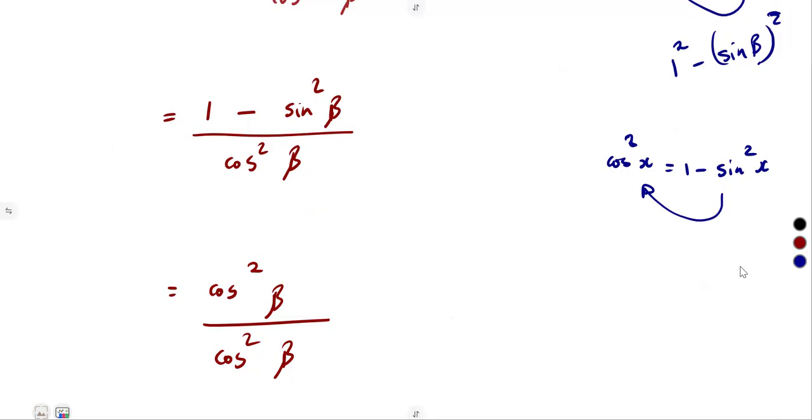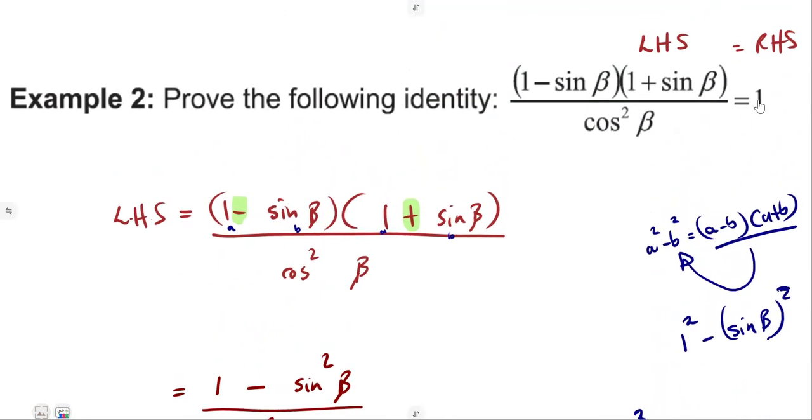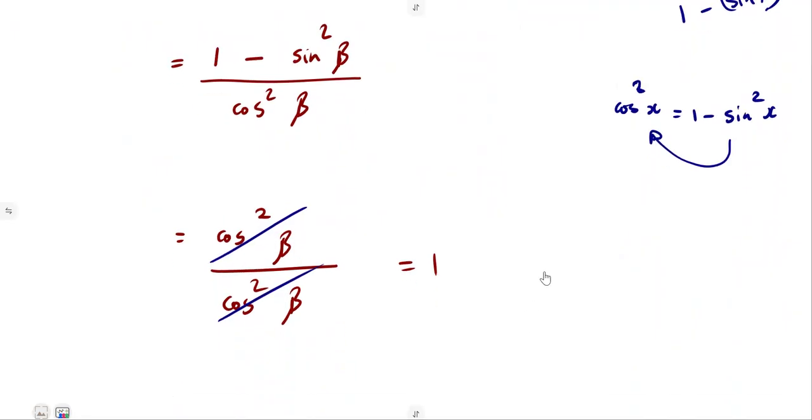We are simplifying, but as we are simplifying, we are proving that this gives us a 1, exactly what is on our right-hand side. So we can see that we have managed to prove the left-hand side is exactly equal to the right-hand side.